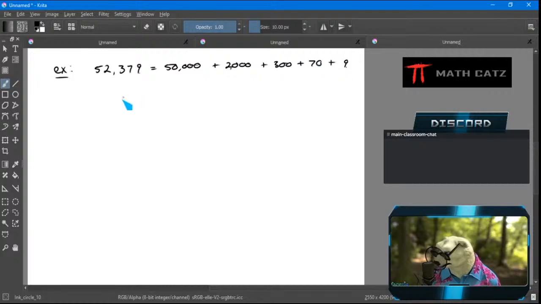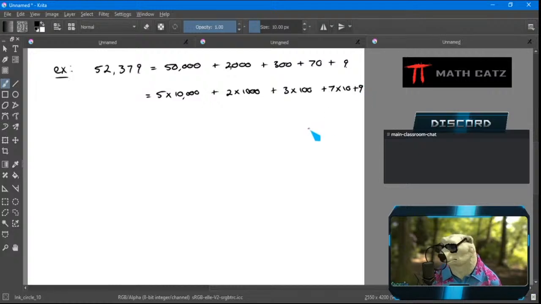And then, of course, there's no doubt it's going to be 5 times 10,000, 2 times 1,000, 3 times 100. I do have a decimal number, so can I squeeze in the 9? Yes, I can. So that is how I'm going to pull this number apart. There's not much else I can do.